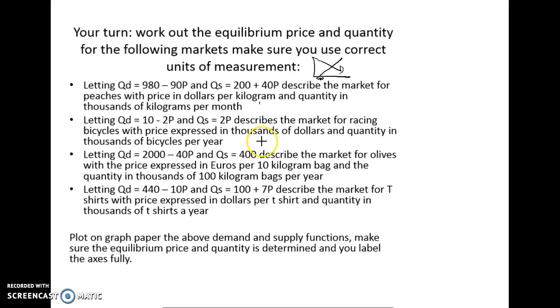On this one, 2p, basically there's nothing demanded when price is 0, so the supply line goes straight through the axes. Okay, for this one, it's quantity supply 400, so basically there's no change depending on price, so effectively it's going to be completely inelastic, perfectly inelastic, so 400.